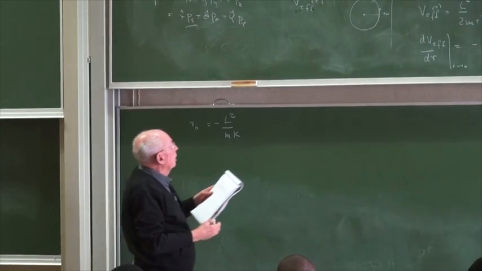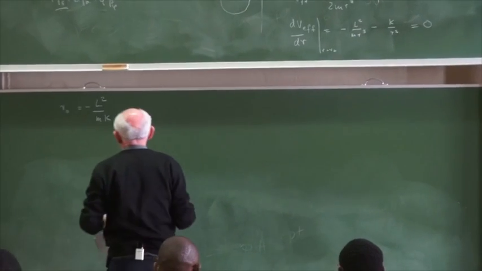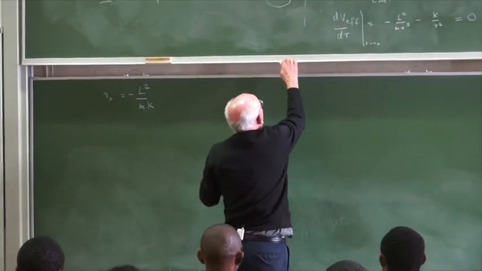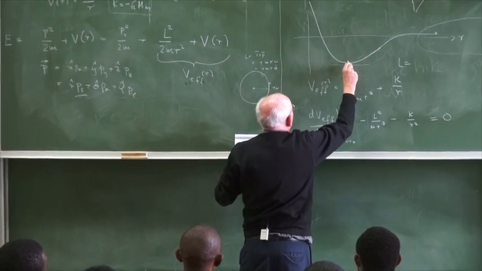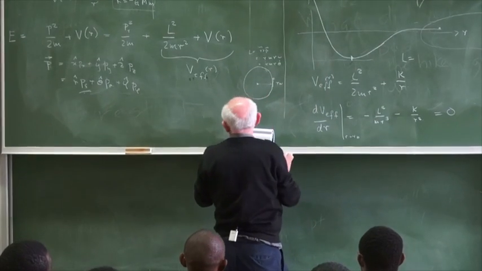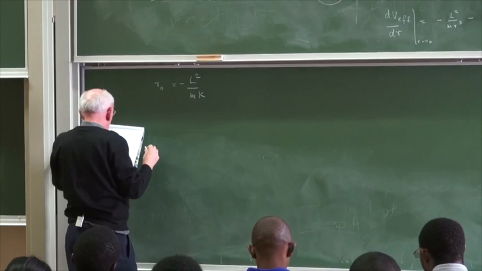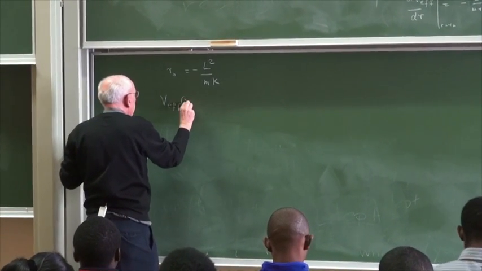And then I can put that into this equation. And if you do that, I can find this value here of the potential. And so what I want to say is, what is V effective of R0?